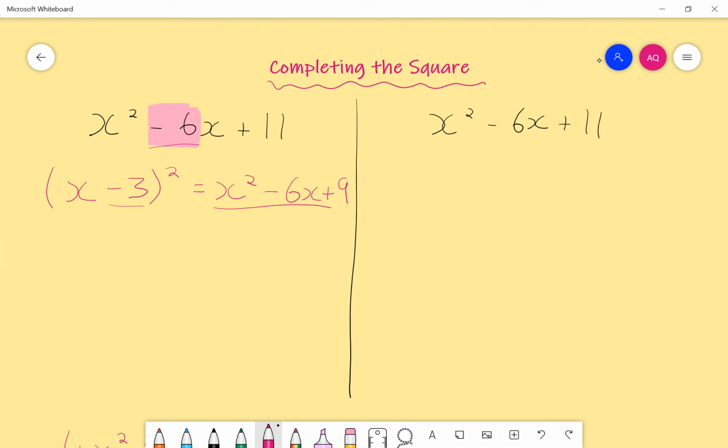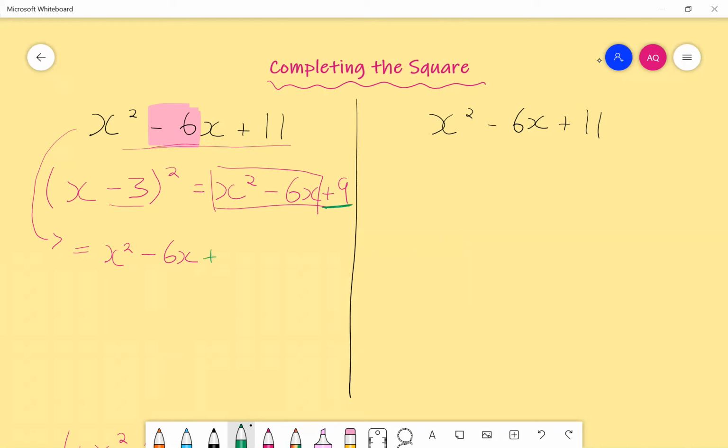Now, this is a completed square, or a perfect square, I should say. So we need to try and get that perfect square into our original line. So this original line is then equal to, so we have x squared minus 6x. They match perfectly with this perfect square. We want a plus 9 here. So we don't have a plus 9, we have a plus 11.